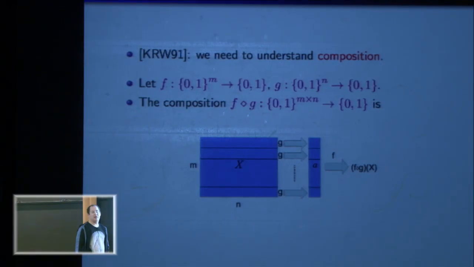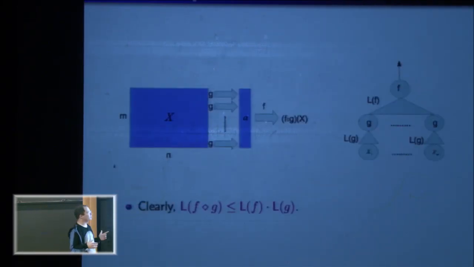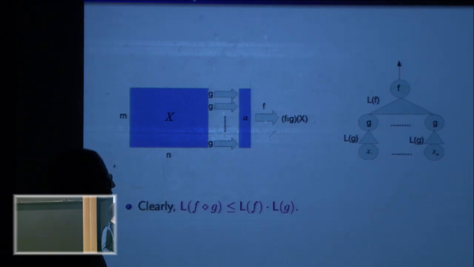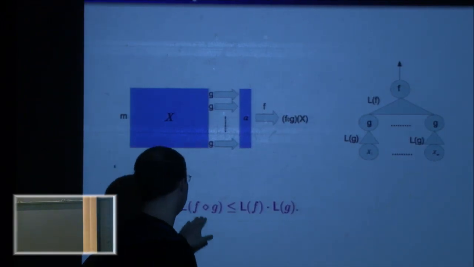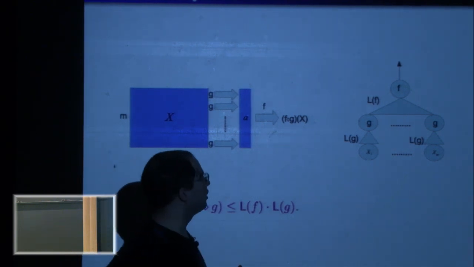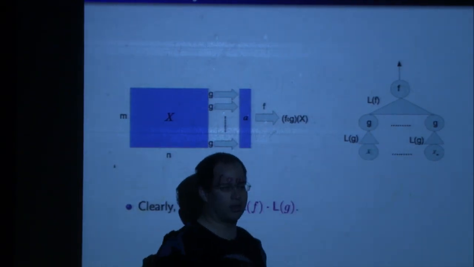Great. So this is the definition of composition. Any questions about it? Okay, great. Given this composition, there is a trivial way to compute it, which is just to compute it the way I defined it. If you look at it, you'll see that if we compute the composition in this way, the resulting formula's size is the formula complexity of f times the formula complexity of g.